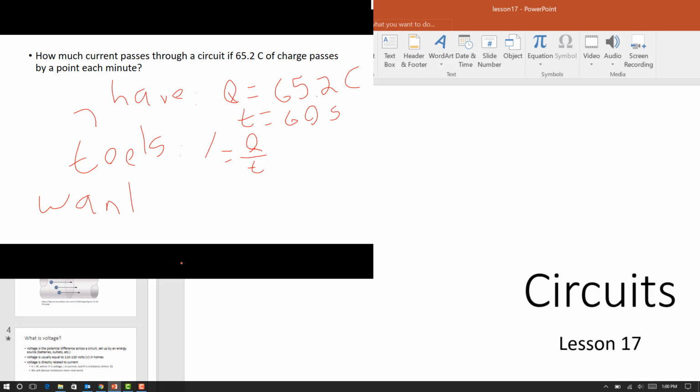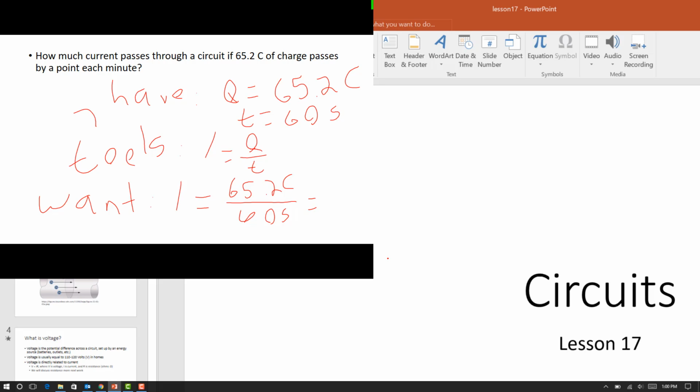We want current, so our tool is already in the right form. Current, or I, is equal to charge, which is 65.2 coulombs, divided by 60 seconds. And remember, a coulomb per second is equal to what unit? An amp, or an ampere.